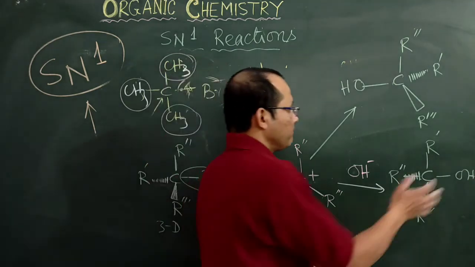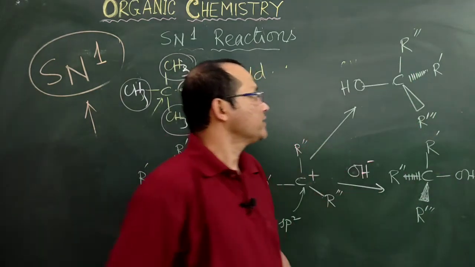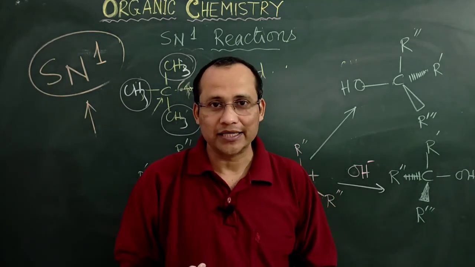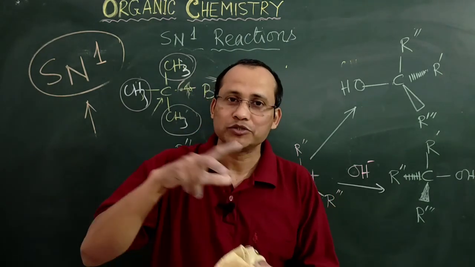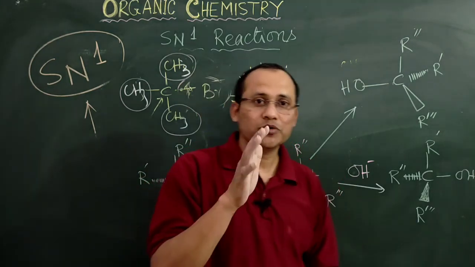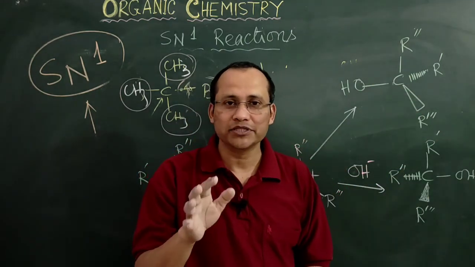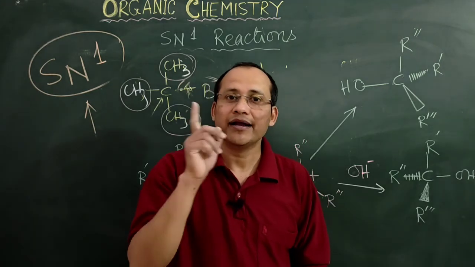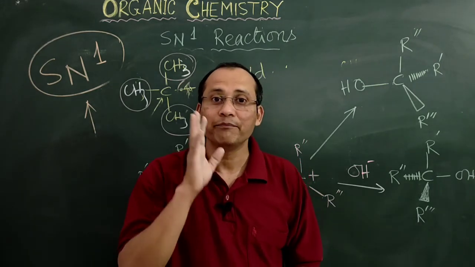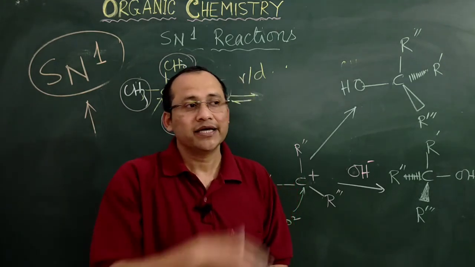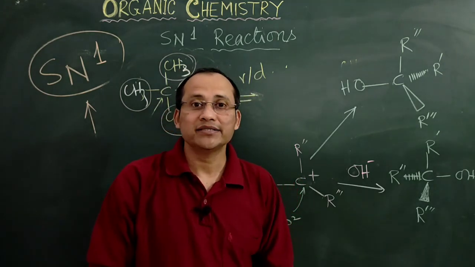If you compare this one with this one, they will actually be mirror images of each other and they will not be superimposable. That is why these two substances, which are not superimposable on each other, are isomers and mirror images of each other, and they are called enantiomers.